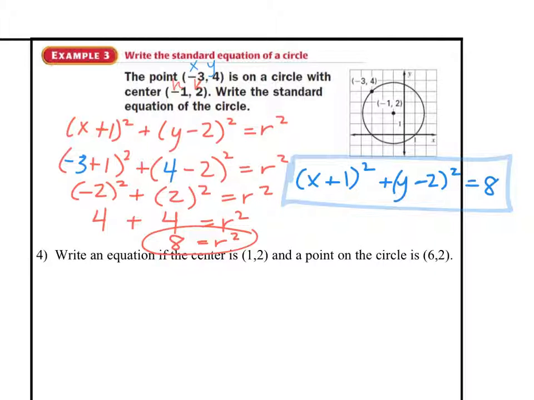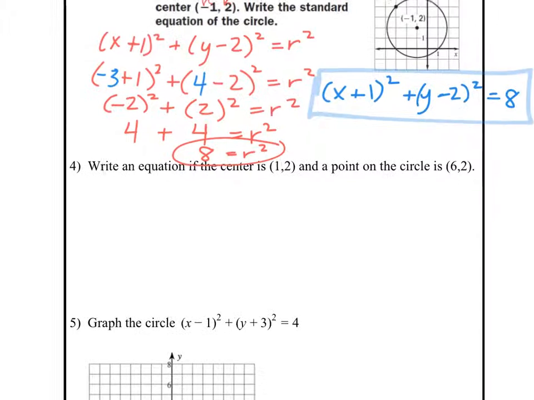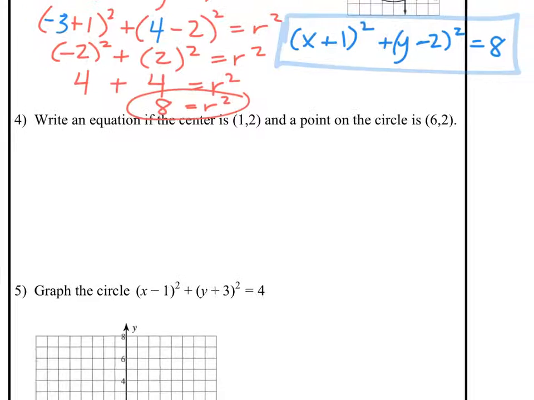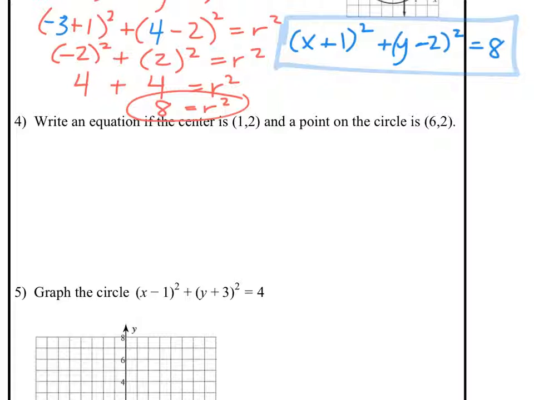The next one is pretty much the same. If you'd like to do it on your own, go for it. Start by plugging in your center, and then your point, and then solve for r squared.